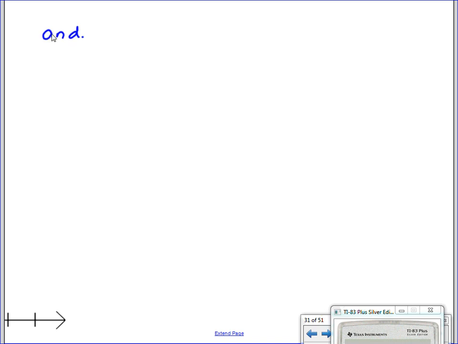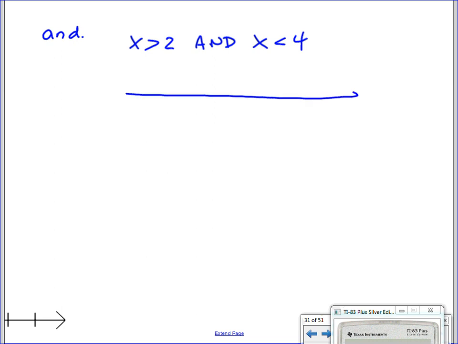If we wanted to identify the numbers that are greater than 2 and less than 4, those would be the numbers on the number line that would be the overlap of the graph of x is greater than 2 and the graph of x is less than 4.